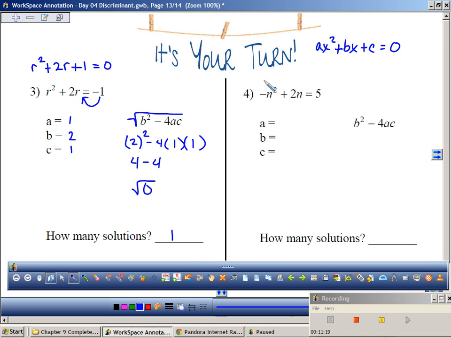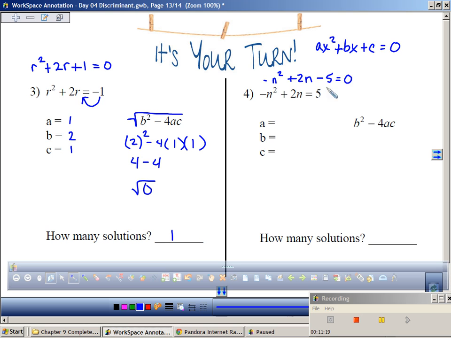So what do I do with this one? Bring it over. So -n squared plus 2n minus 5 equals 0. A is -1, B is 2, C is -5.